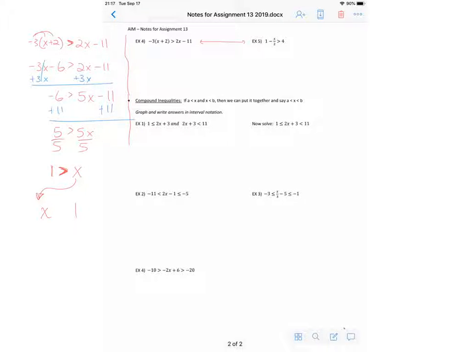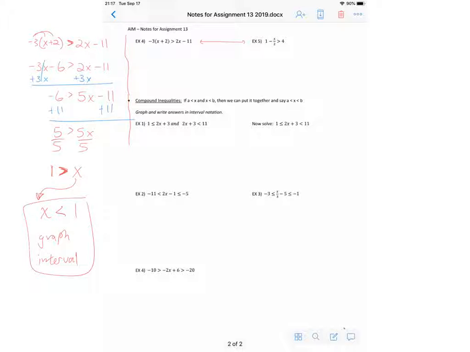It's trying to eat the one, like the Pac-Man or the alligator that you may have learned long ago. So if we swap an entire inequality around, we have to swap the inequality symbol as well. And then you want to graph this and do the interval.